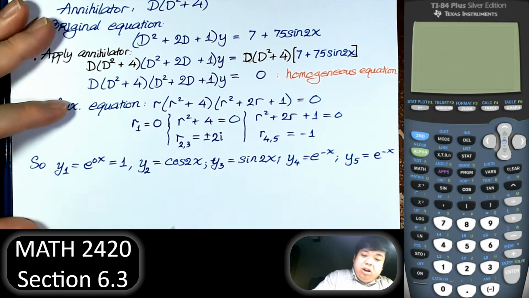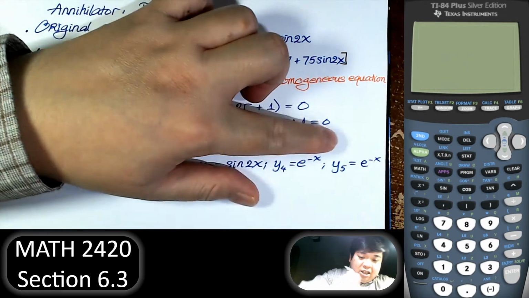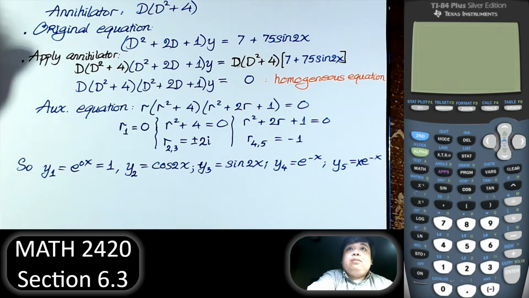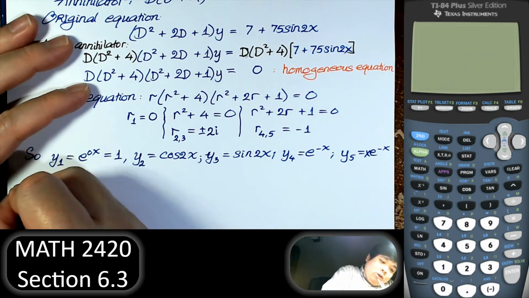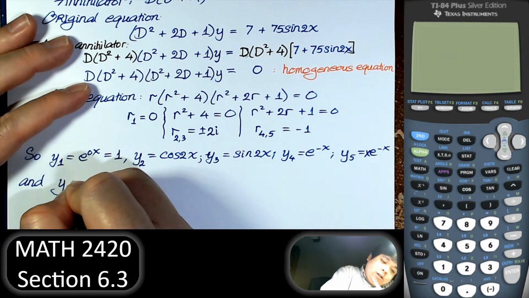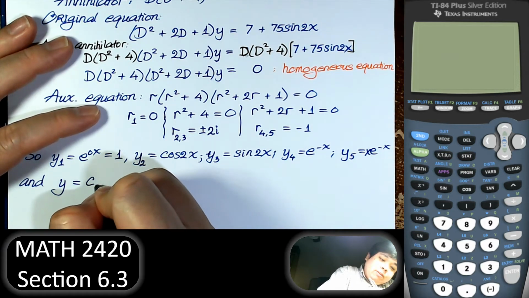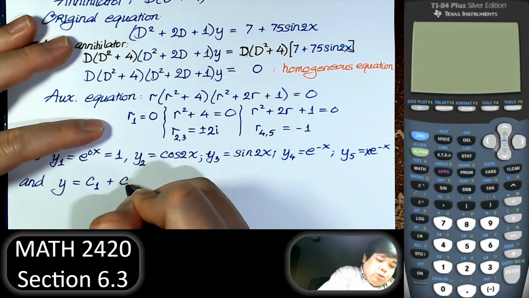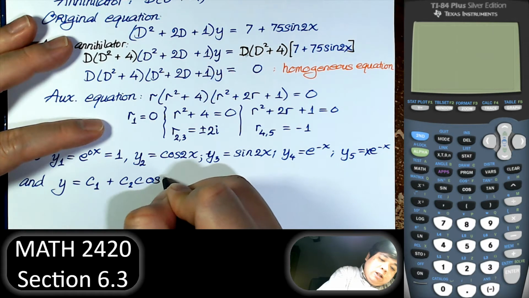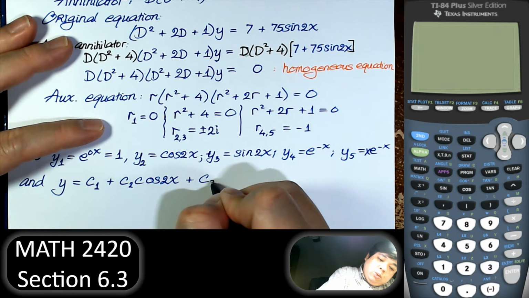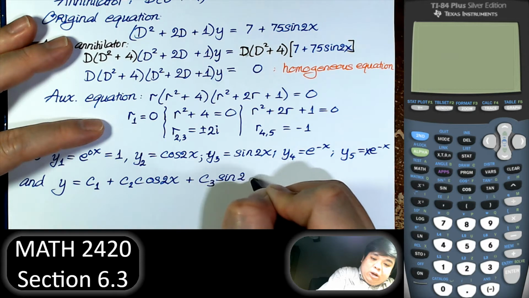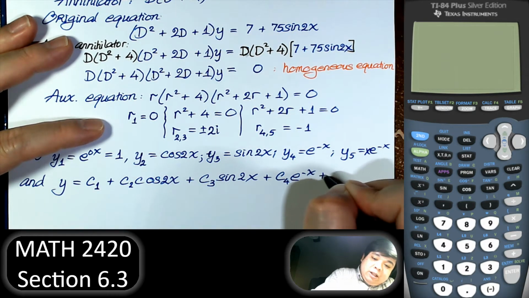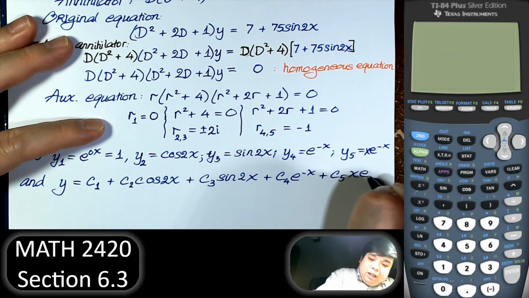But because of that repeated root, we'll multiply by x here, so we have linearly independent solutions. So 5 solutions, and the general solution will be in this form: c1 times 1, which is just c1, and then c2 cosine 2x, c3 sine of 2x, c4 e to negative x, and c5 x e to negative x.